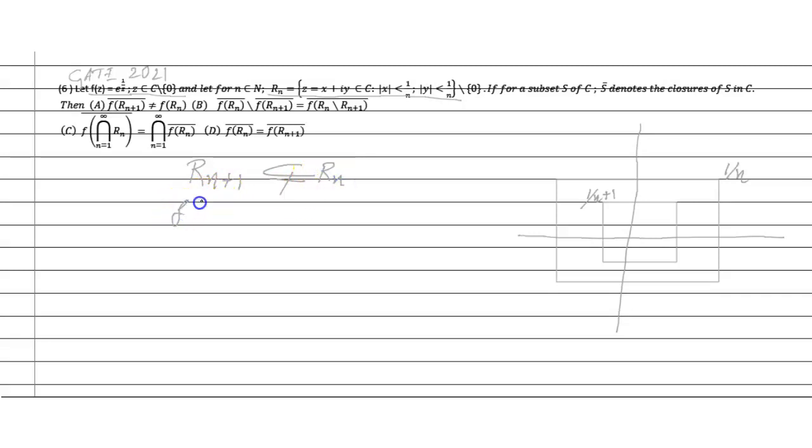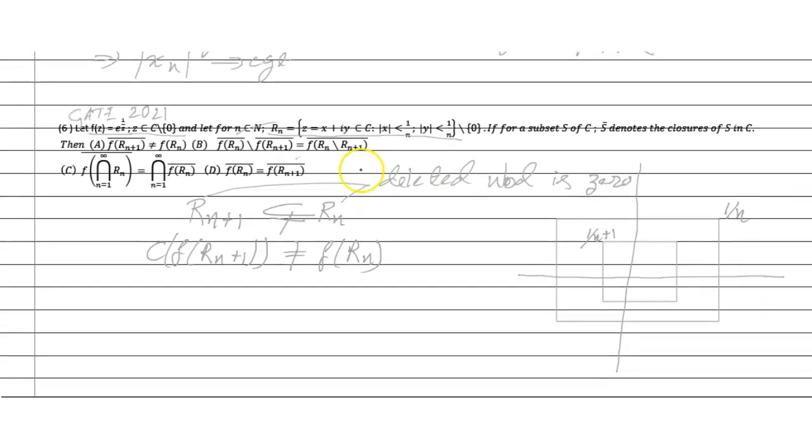So if the closure of f(Rn plus 1) does not equal f(Rn), this is the main NBD, deleted NBD, of 0. So friends, in this way you see that option A is correct.